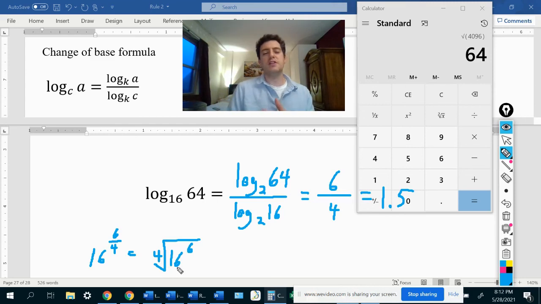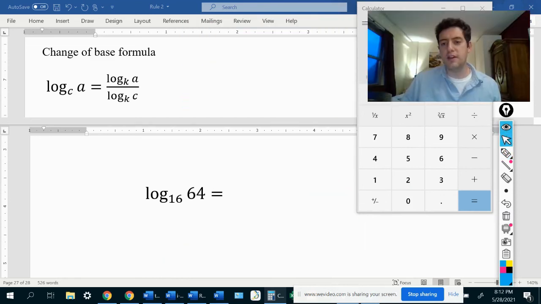So then you would have to ask yourself, what number multiplied with itself 4 times gives us that number that we get over here? I'm not going to do that in this simple calculator, but you would get the same answer again. You would get 64. All right, one more example.